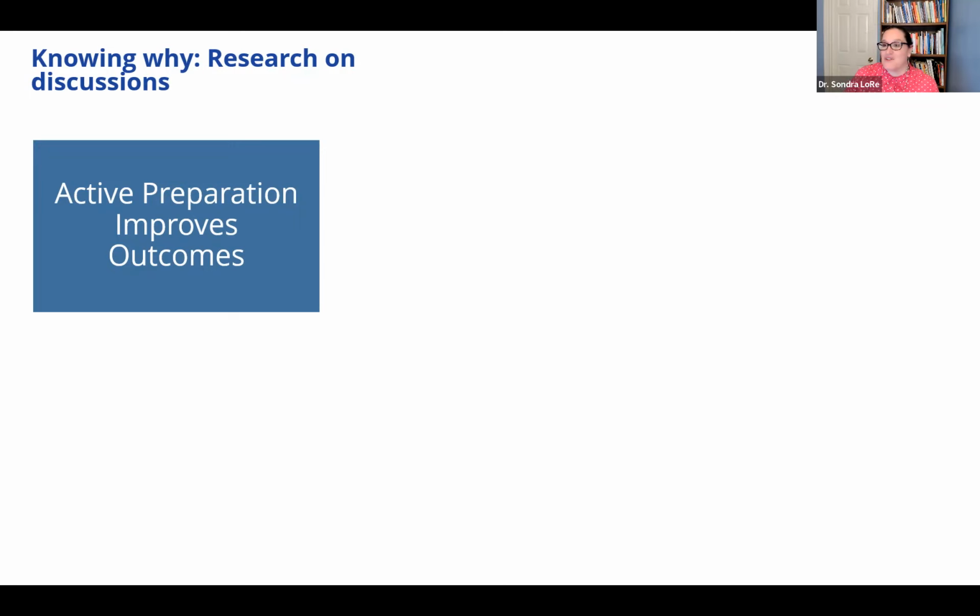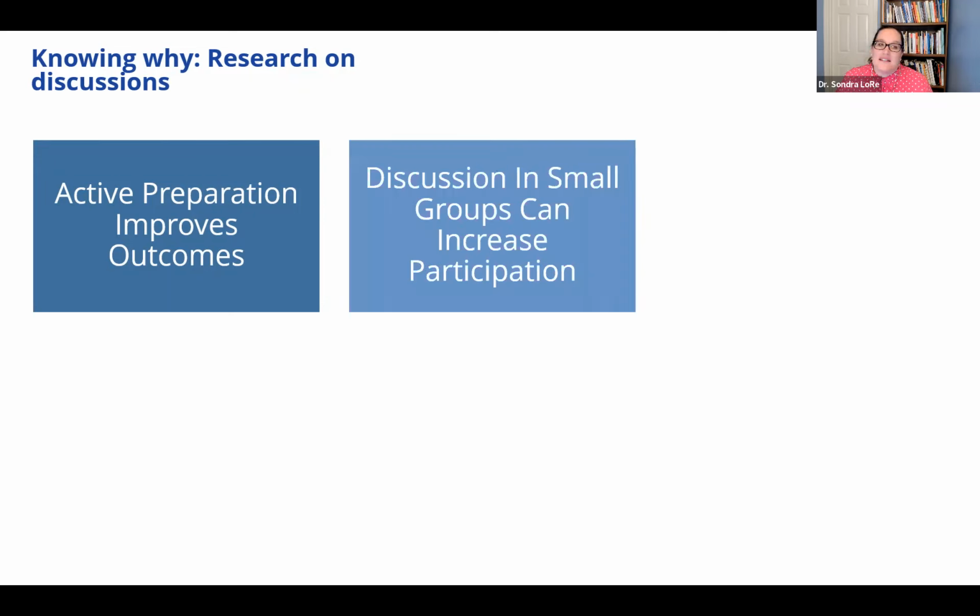Like we discussed earlier, when you ready yourself for different points of view, for questions that might arise in the content, and when you plan for where the discussions will fit as part of your class time, it increases the benefits of discussion. We know that discussion in small groups can increase participation. So thinking about what size you want your discussion groups to be can help increase engagement.